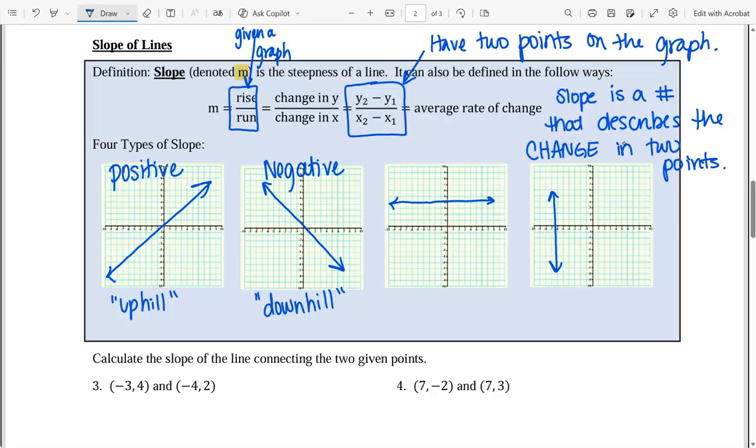If my slope is going straight across like this, then it has what we call 0 slope. My slope is literally the number 0. Versus if I'm going up and down like this, my slope is undefined. Essentially, my slope does not exist.